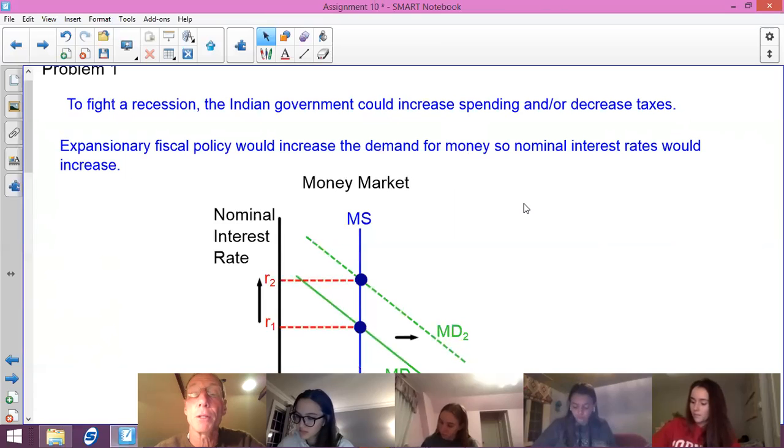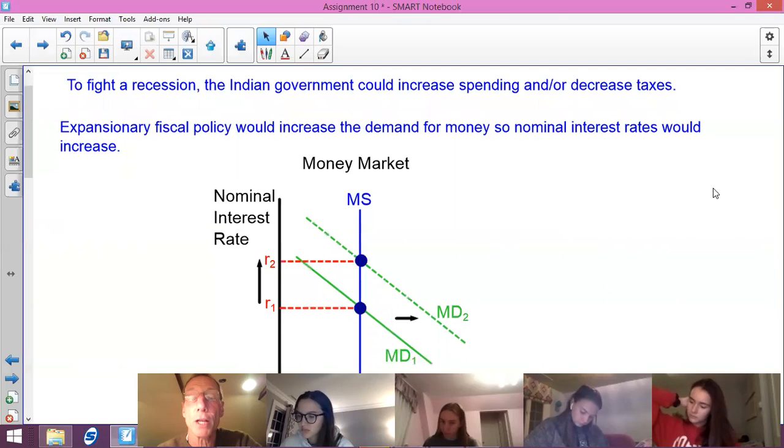Because if the government spends more, then the government is going to demand money. And if there's less taxation, then it means that there's going to be more money being demanded by consumers. So that's going to push the money demand curve to the right, which is going to mean nominal interest rates.